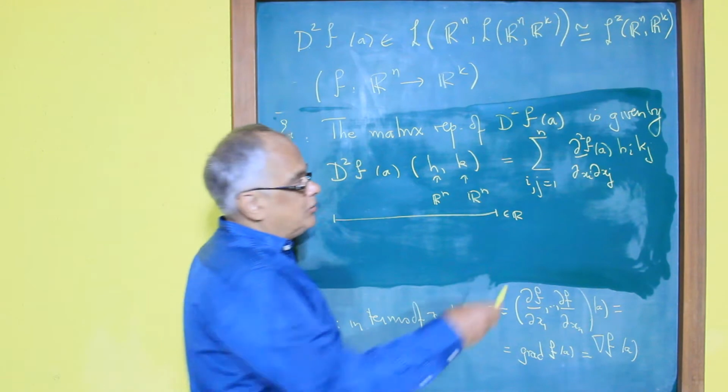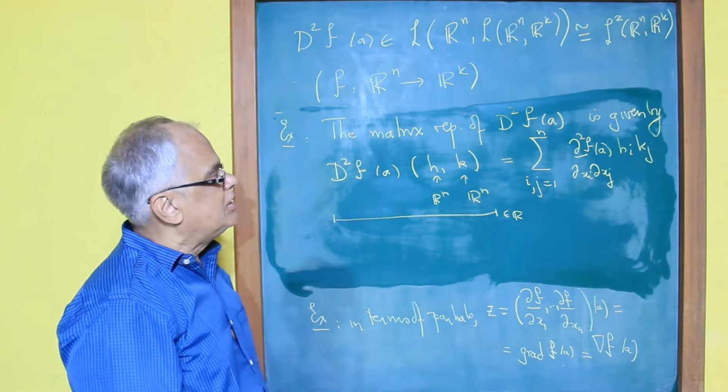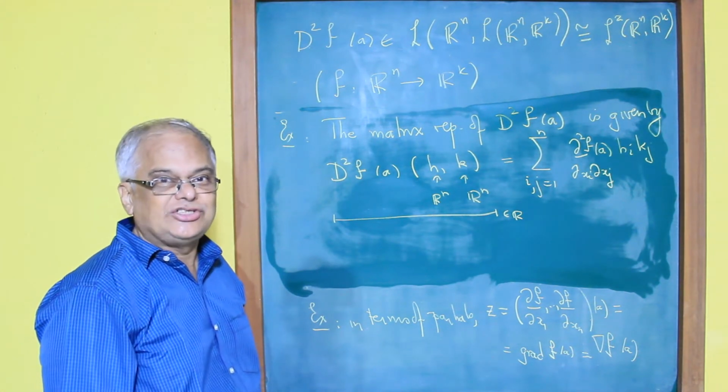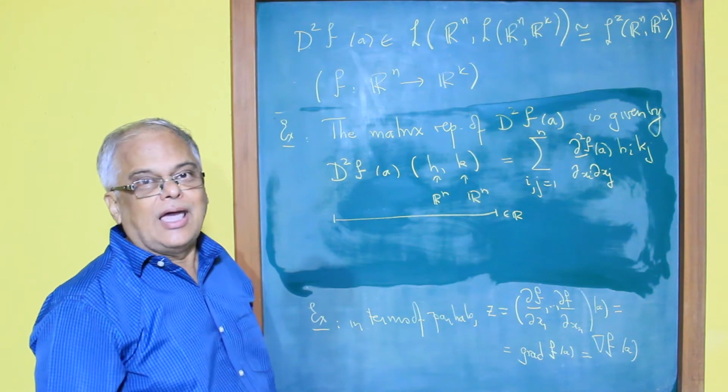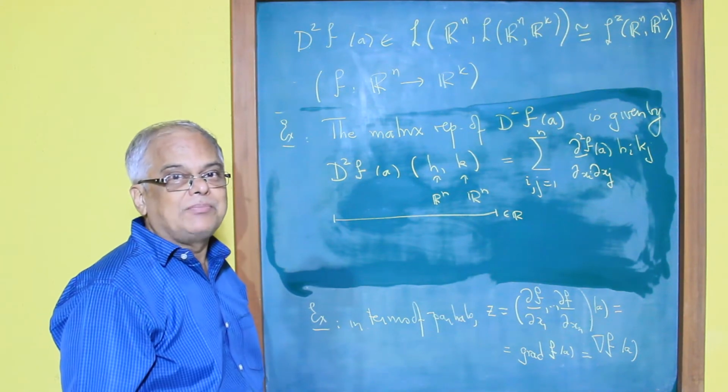We are going to be playing around with these kinds of expressions for a long time. And you should be able to show that the expression on the right hand side is in fact linear in h when k is fixed, and it is linear in k when h is fixed. So in fact it is a bilinear map on Rn.